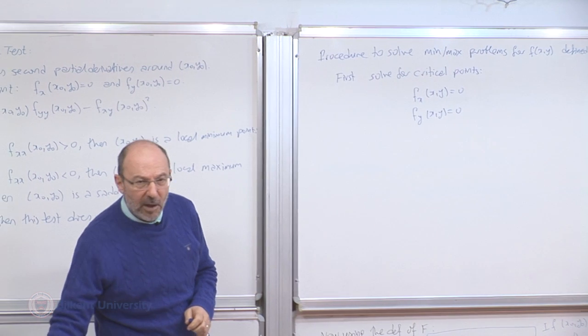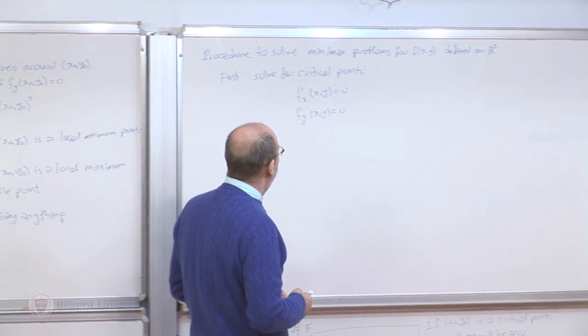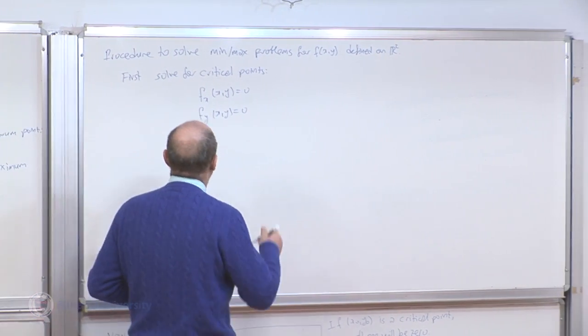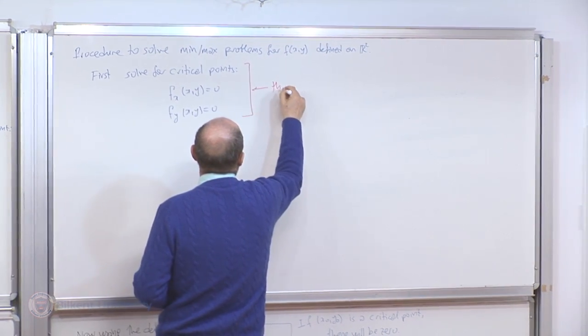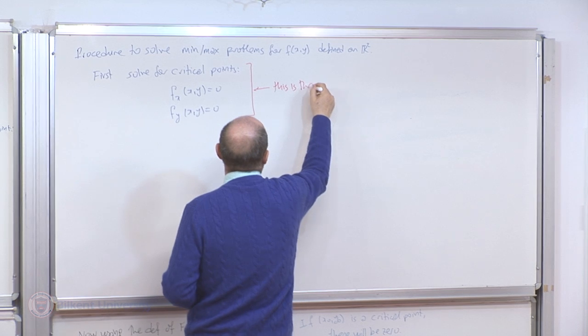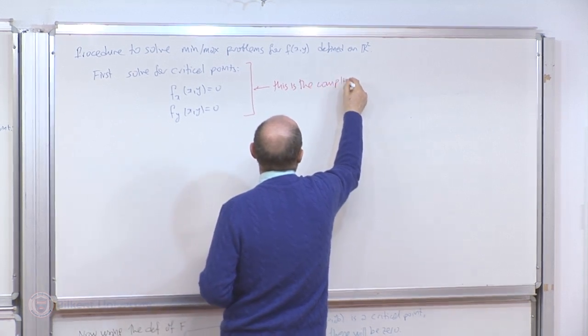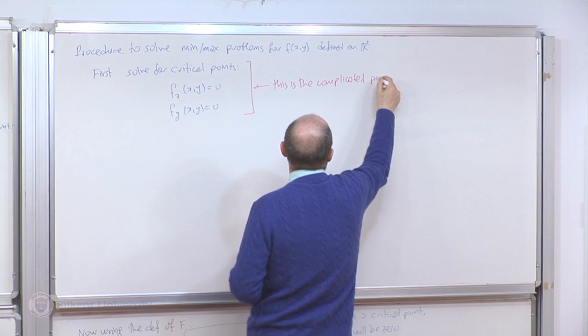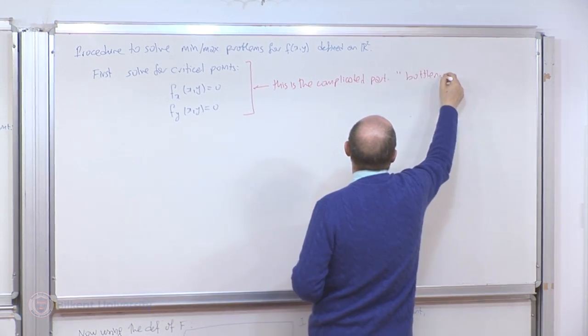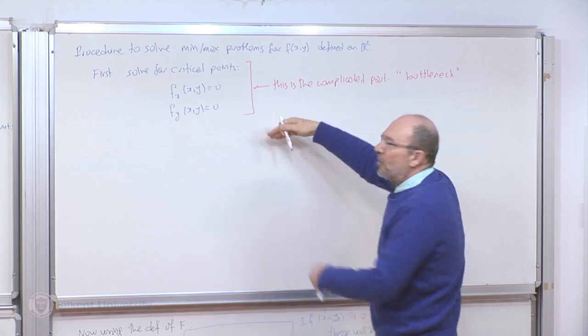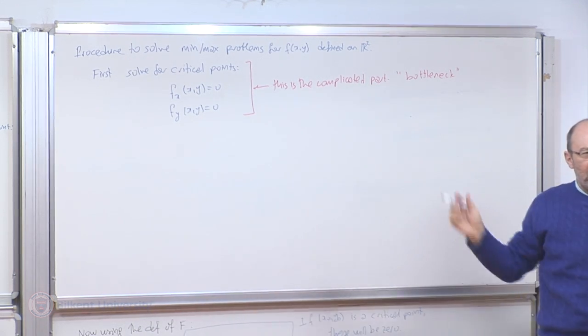So this is where you have to use either your creativity or some software. Okay, so this is the complicated part. So that's the so-called bottleneck. Okay, so if things can pass through here, the rest is easy.